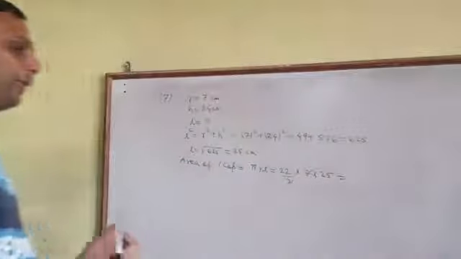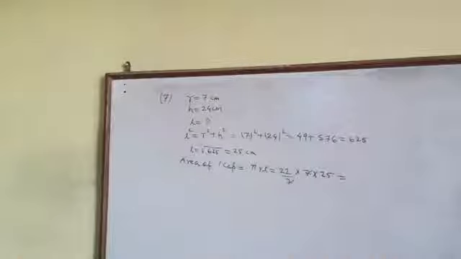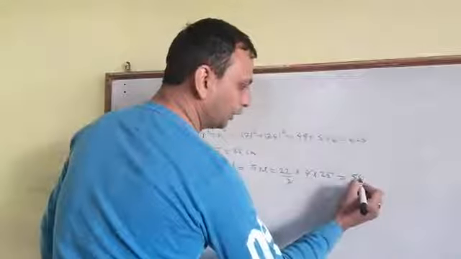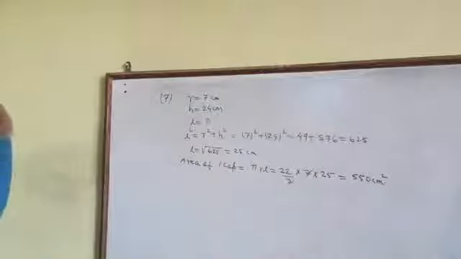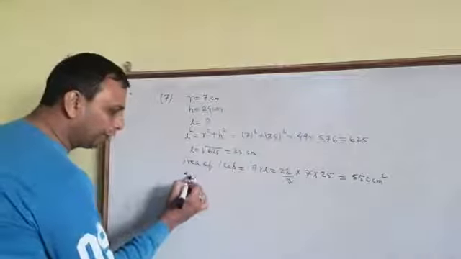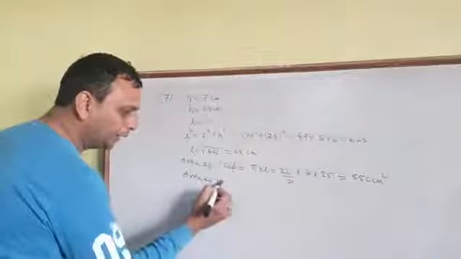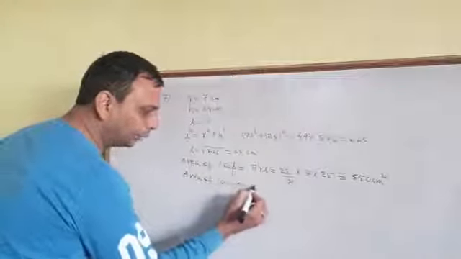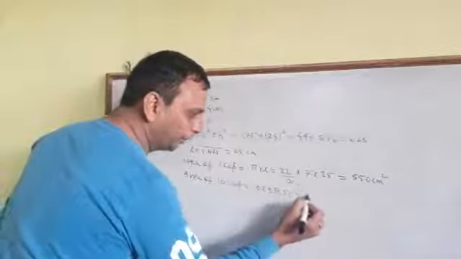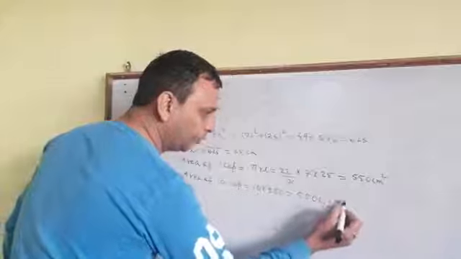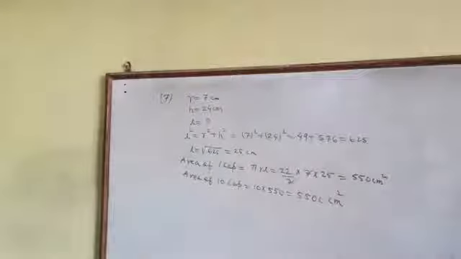So 22 multiplied by 25 is 550. 550 is the answer for 1 cap. How many caps do we need? 10. So the area of 10 caps will be 10 multiplied by 550, so only one 0 will be added. This much area we need to make 10 caps of the joker.